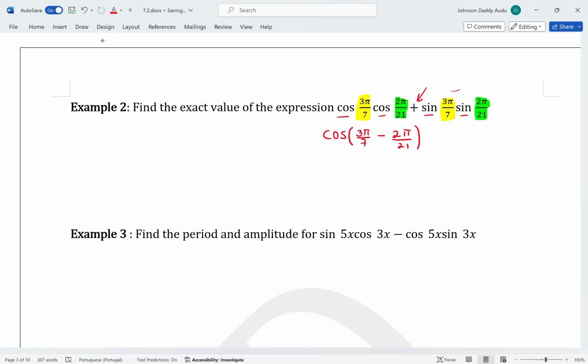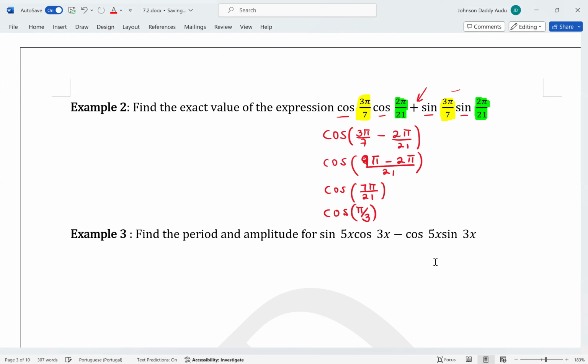Now, what is this? This is the same thing as cosine. If you multiply by 3, this is going to be 9 pi minus 2 pi, everything over 21. So this just becomes cosine of 7 pi over 21.